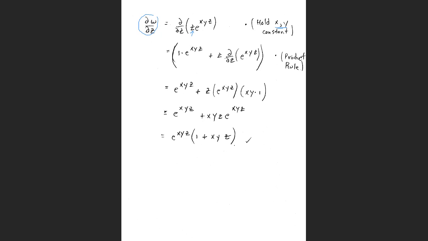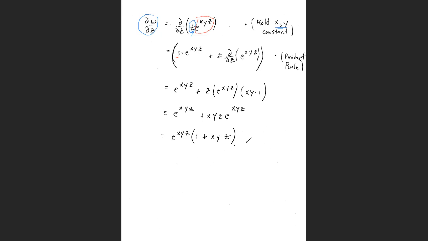So really we have two functions of z being multiplied together: the z itself, and e to the xyz power. You're going to have to use the product rule on that. The derivative of z is equal to 1, and then you leave the second function alone.